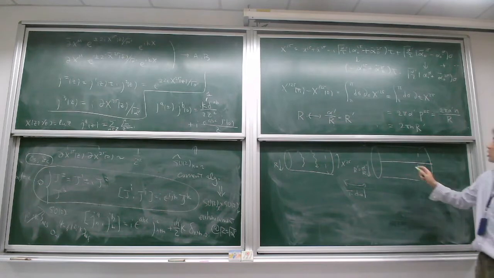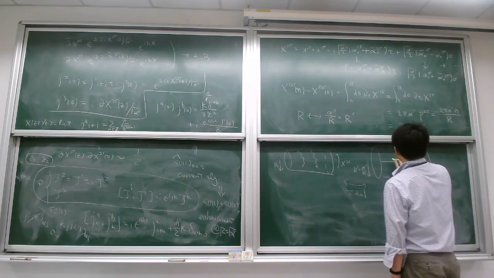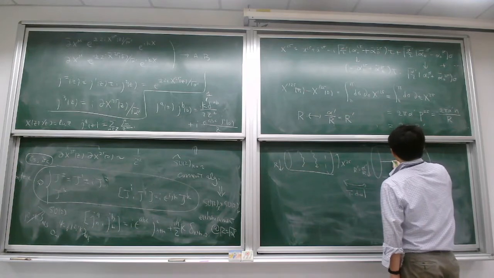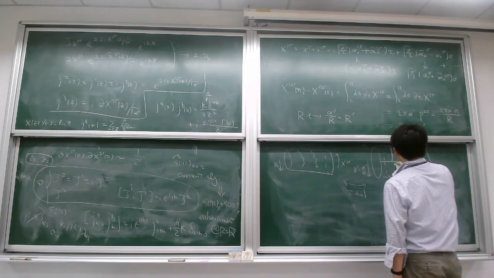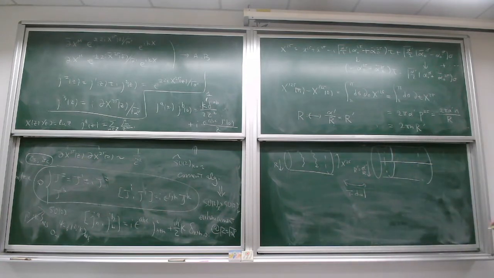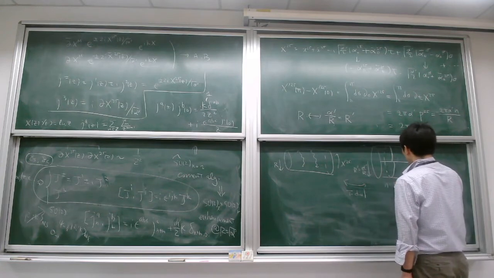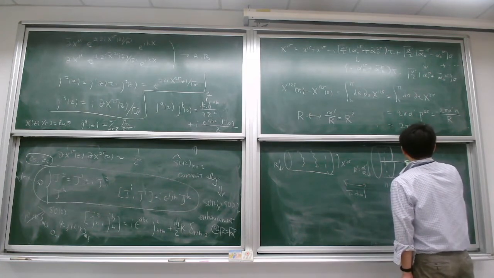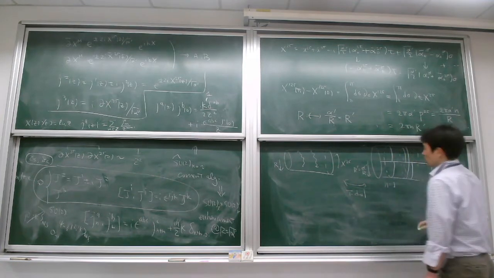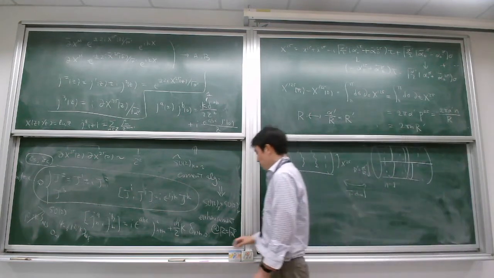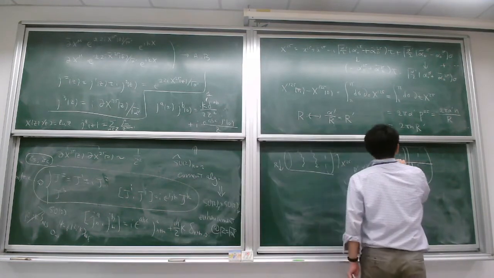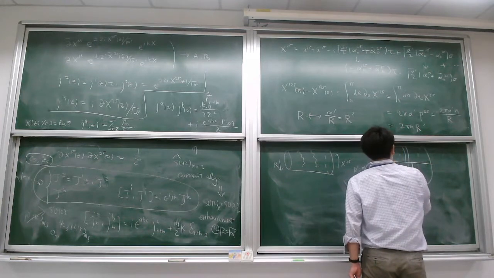And then the open string momentum is mapped to just a winding number. So this is n equal to 1, and n equal to 2 becomes like this way. This is the first excited state.